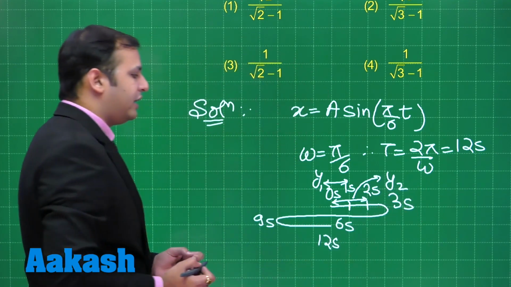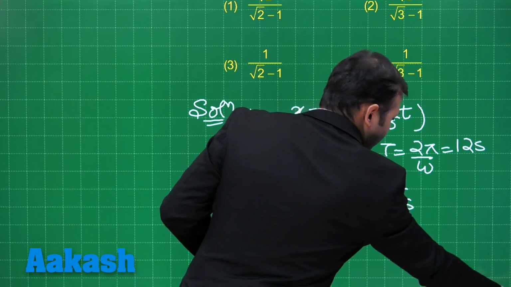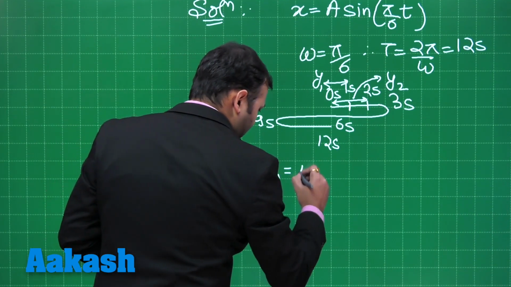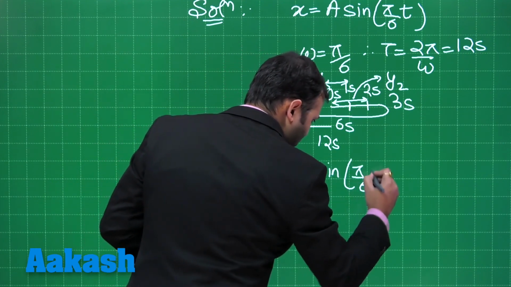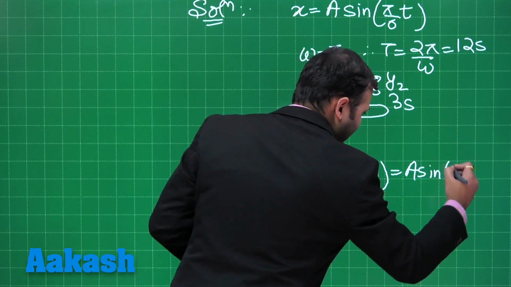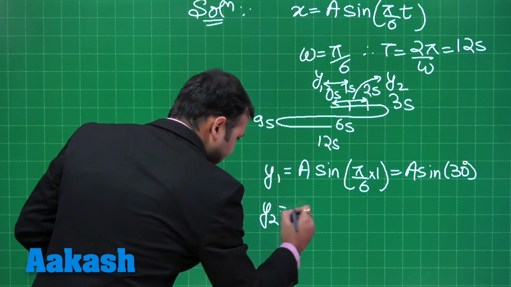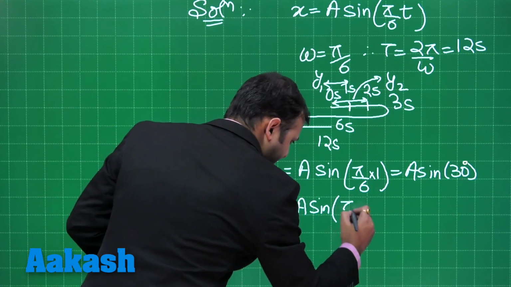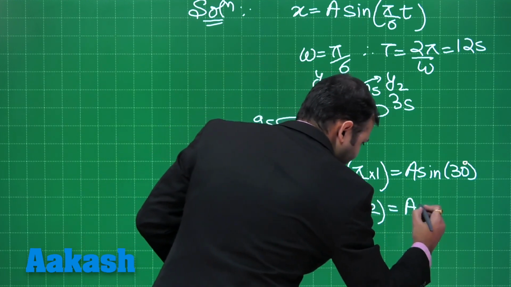So we need to find y1 and y2. y1 would be simply a sine pi by 6 into 1, which would be a sine pi by 6, or what is pi by 6? That is 30, right? Similarly, y2 is at time 2 seconds, so a sine pi by 6 into 2. This would be a sine 60.